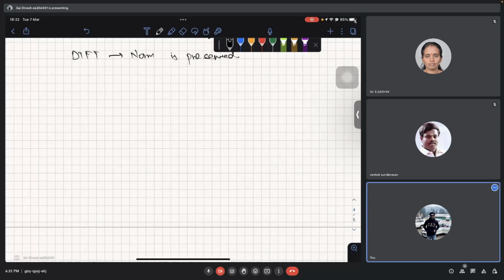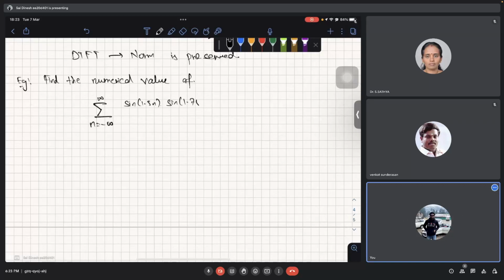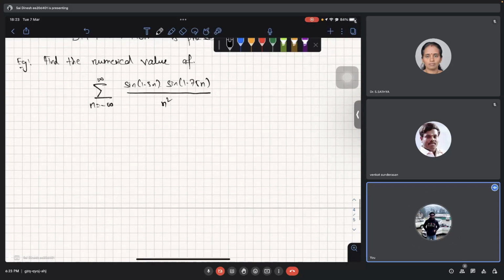Let's see one example. Find the numerical value of the sum from minus infinity to infinity of sin 1.5 n times sin 1.75 n by n square.